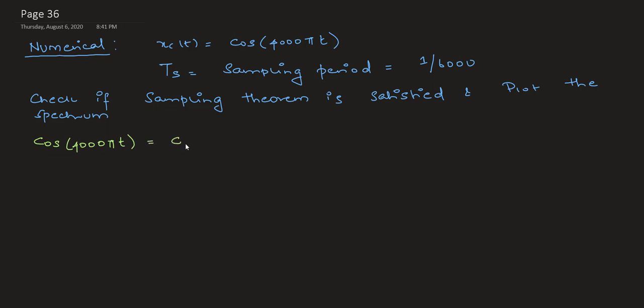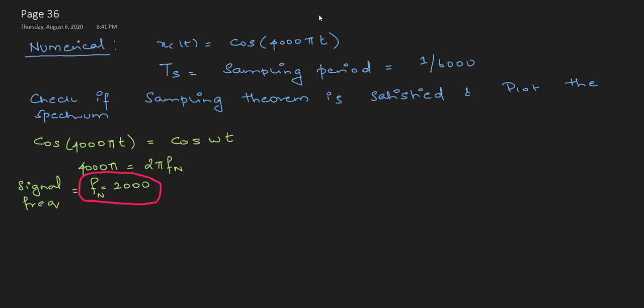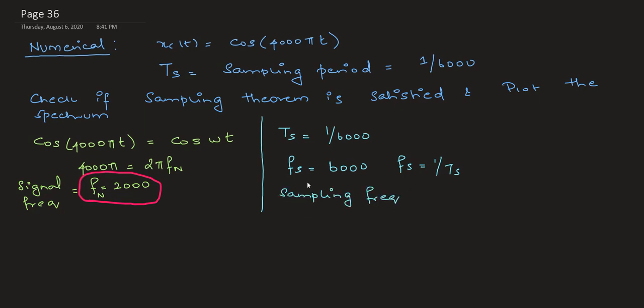Now you have cos 4000 pi t, which is cos omega t. Initially we are going to find the Nyquist rate. For that, we calculate the signal frequency contained in this 4000 pi. We just remove the 2 pi from the 4000 pi, and that gives you 2000.